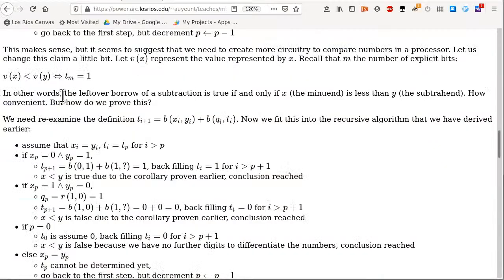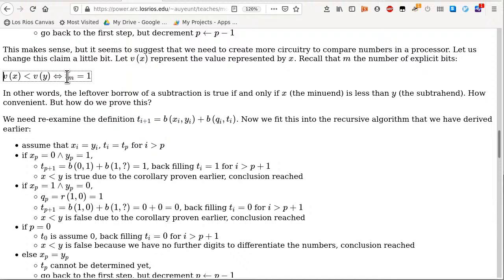So this portion over here, including this statement. So T subscript M is the overall borrow, because this is the one borrow that does not contribute to the difference, because it is out, because we don't have enough bits to include this in the difference.